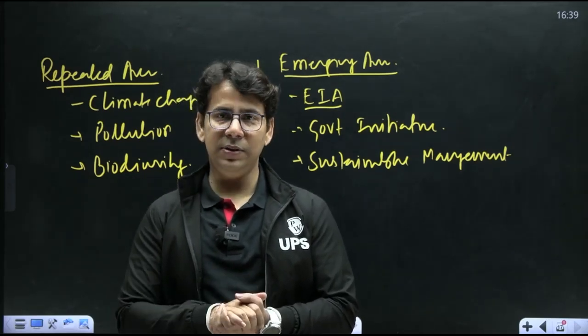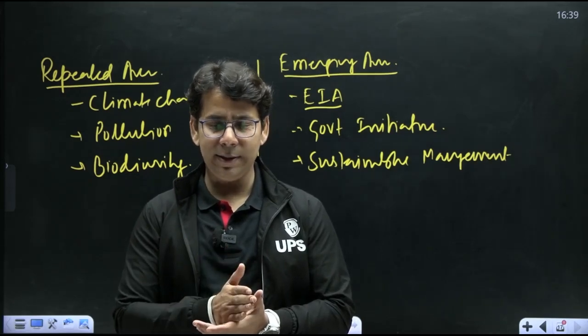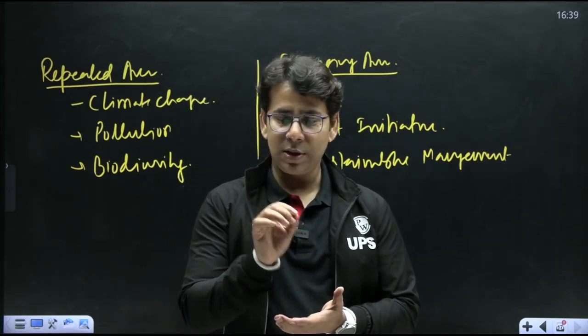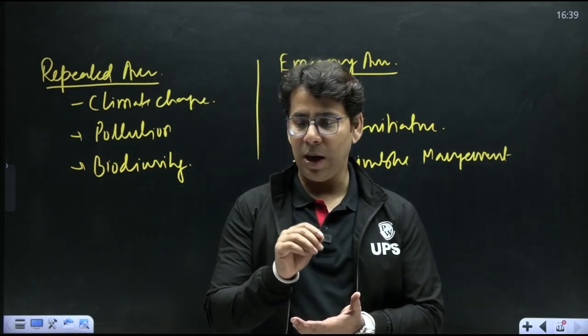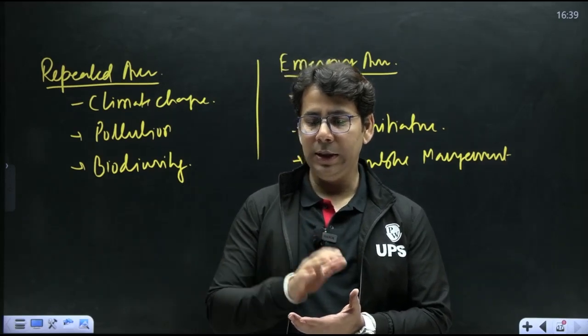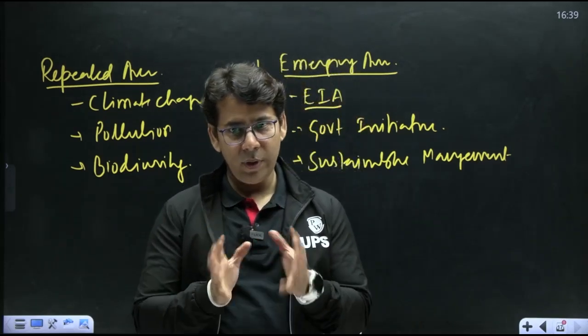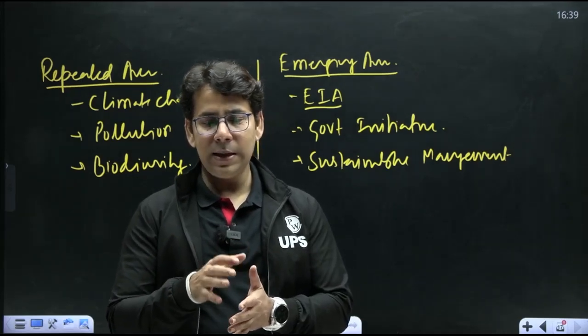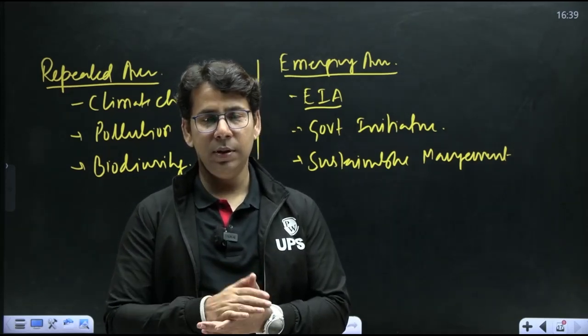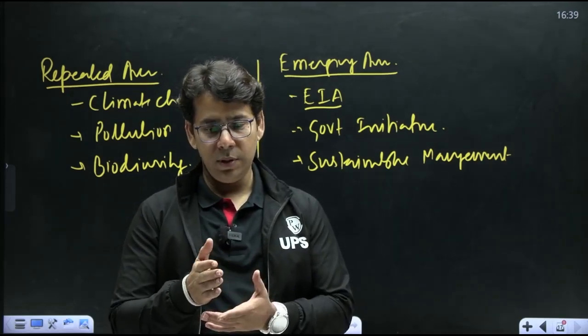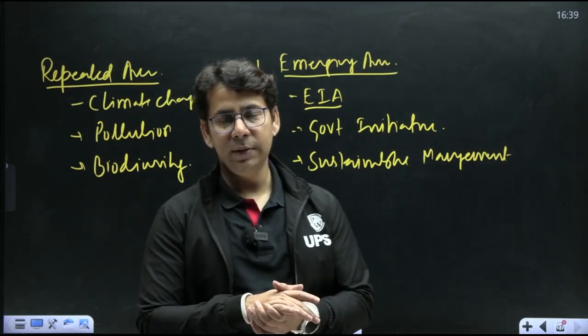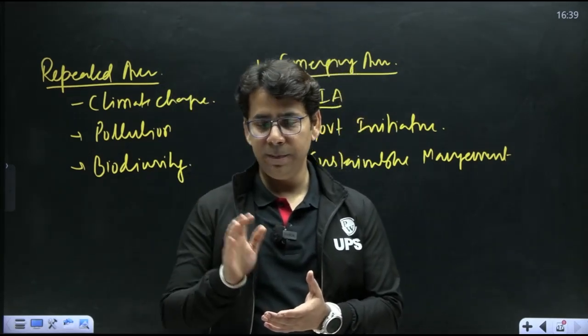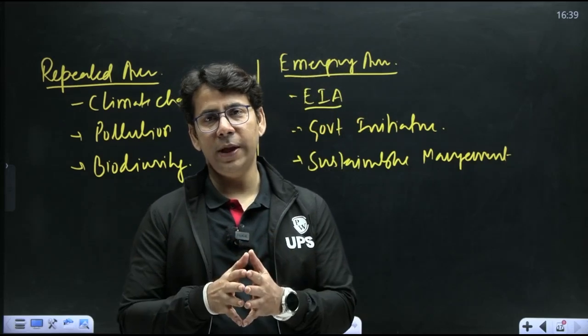Similarly, laws and policies like the Environmental Protection Act, their nuances, Forest Rights Act, right? National Biodiversity Authority, these all things should be very much handy with you. Then treaties and conventions like the Ramsar Convention, CBD, UNFCCC, right? So all these things should be there.